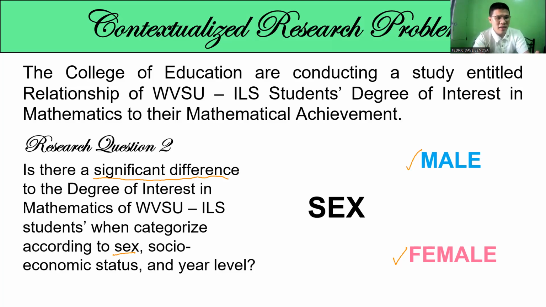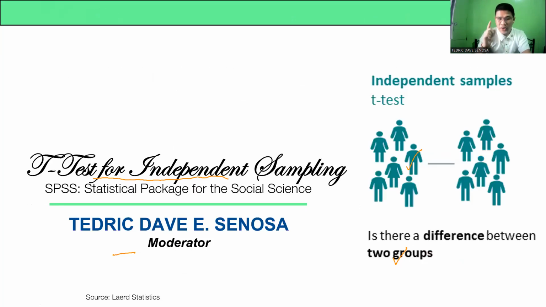So, listen carefully. If there are 2 groups for a significant difference, you will use t-test for independent sampling. Significant difference for two groups. T-test for independent sampling. As you can see there, or in other words, it's also called independent sample t-test.